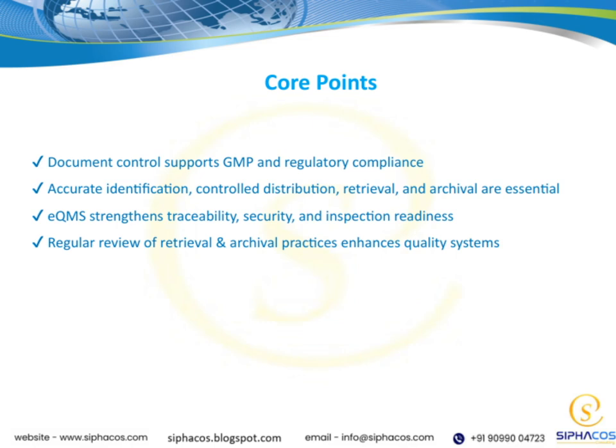These steps help prevent errors and ensure that the right information is available when needed. Implementing an electronic quality management system, or EQMS, really strengthens our traceability, security, and inspection readiness. It provides a clear record trail and safeguards our documents against unauthorized access.